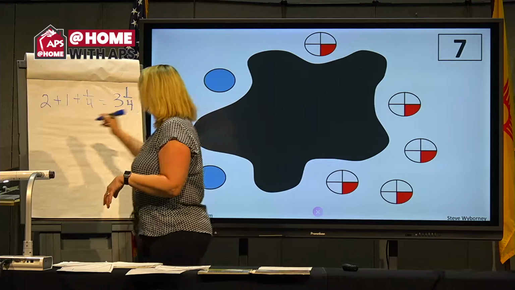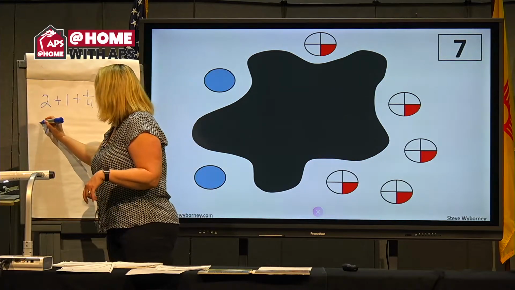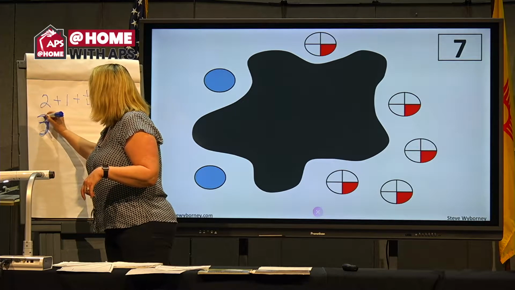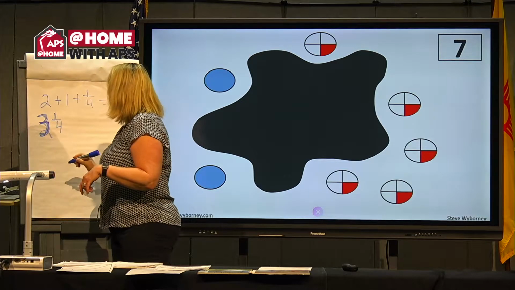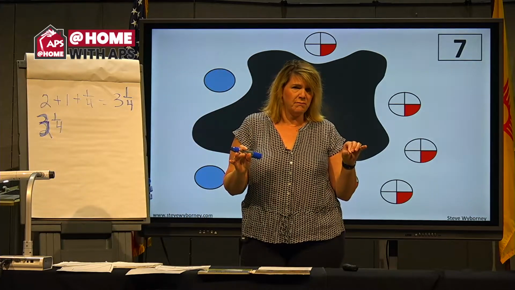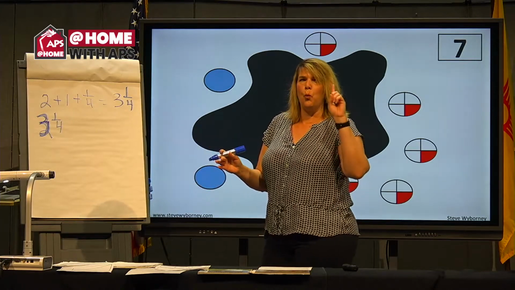So we started with 7. Now what? Actually, I think last time we started with our 3, and hopefully you guys can see that, and our 1/4, and we were trying to figure out how many were under that splat. We were going to use addition to solve it. How many more would I need to get 1 whole?